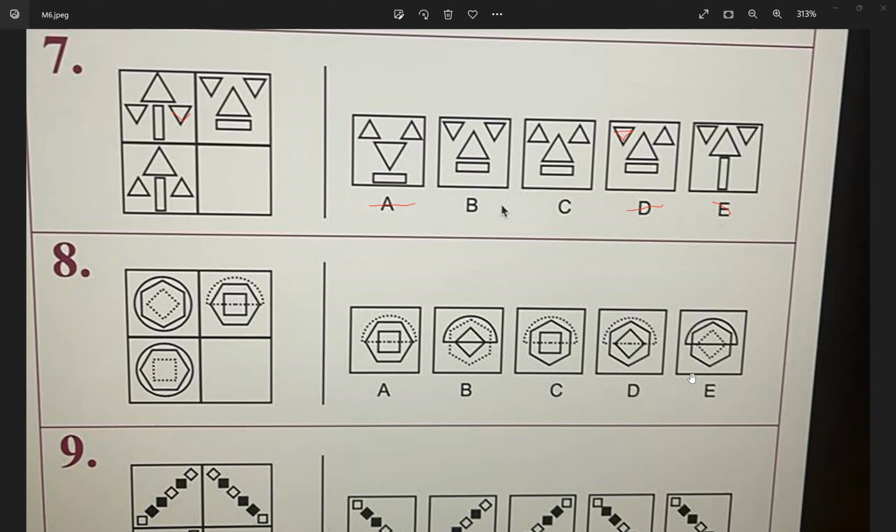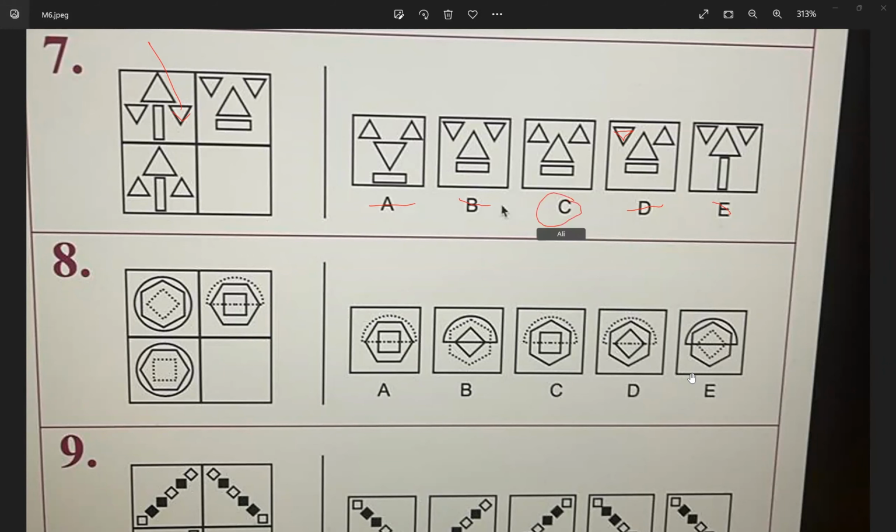So when they go up, one won't be pointing down, and almost the same for B because the triangles will just go up. They won't flip or anything. But in B they flipped, so it's not B. So it can only be C.